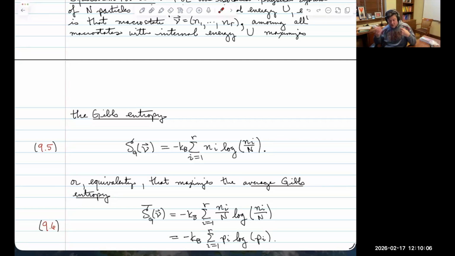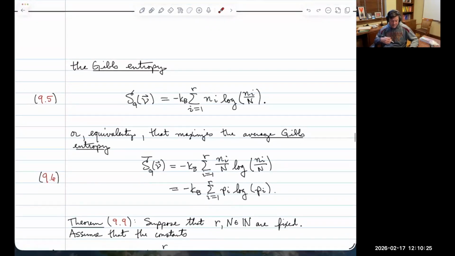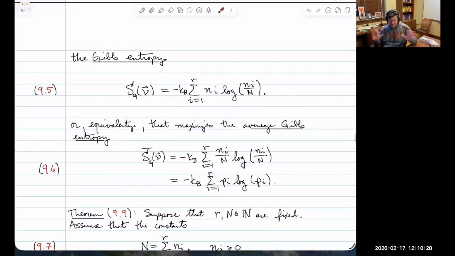We argued that to do that, you should maximize the Boltzmann entropy, but the Boltzmann entropy is a little bit hard to deal with when you have large numbers of particles. The Gibbs entropy is a good approximation of it, and it is easy to deal with when you have large numbers of particles. So it's going to be the Gibbs entropy that we're going to maximize. That's going to be the postulate for us from a statistical mechanical point of view, at least for non-interacting particles, for finding the equilibrium.